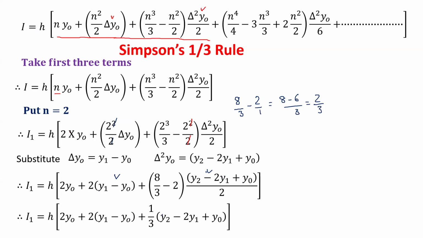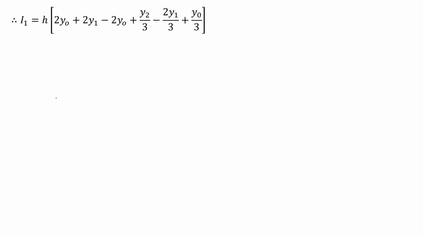Now we simplify by taking coefficients with respect to the terms. First 2 y0. Second, we multiply y1 minus y0 by 2, plus 1 by 3 multiplied with all the terms. Now minus 2 y0 gets cancelled, and then you can see we have y0 by 3.